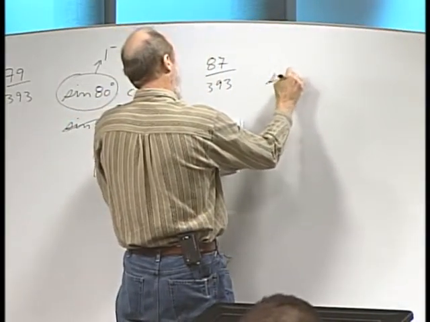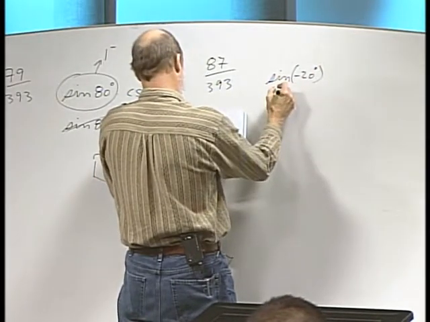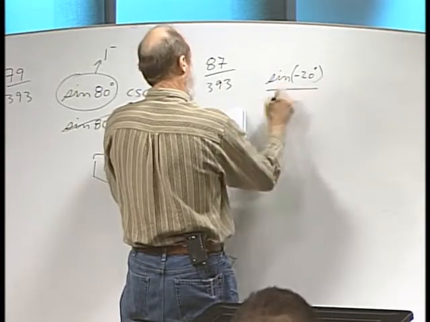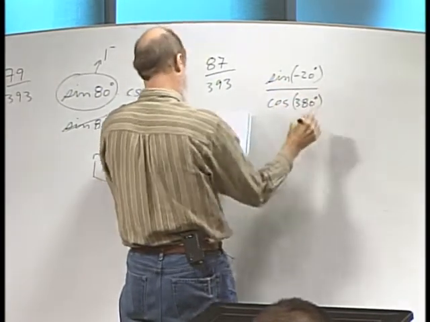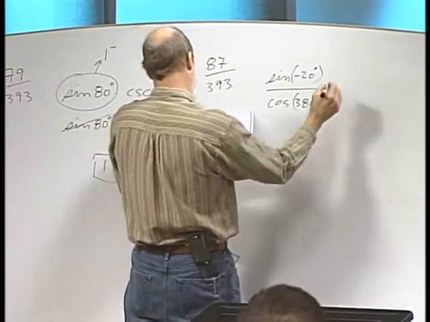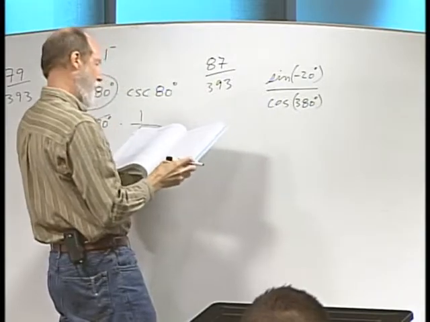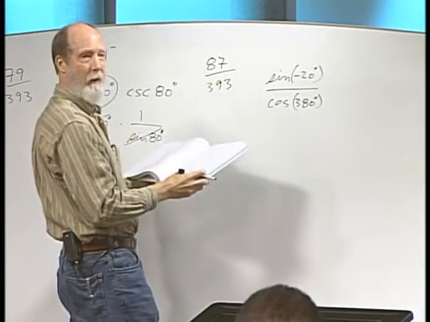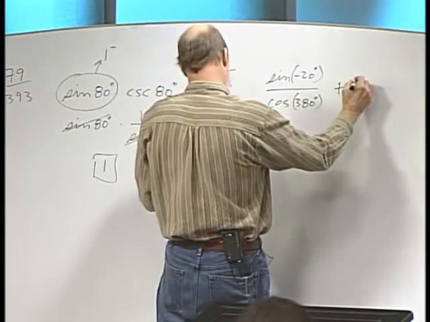The sine of negative 20 degrees divided by the cosine of 380 degrees, and we're going to add to it the tangent of, is this 87 on this page? Right? Is that the one you want? Okay. This I don't think I assigned, what did I?